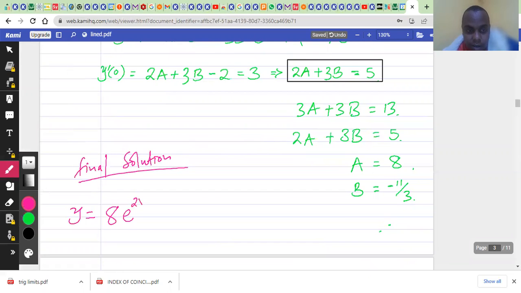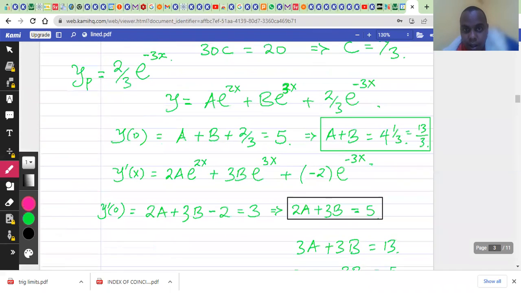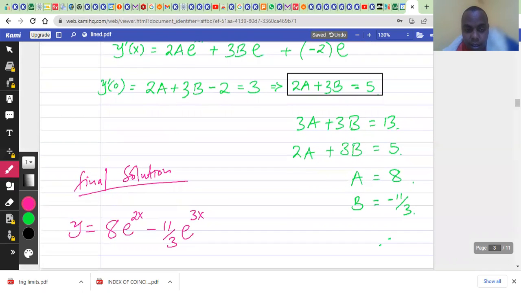So 8e to the power of 2x minus 11 thirds e to the power of 3x plus 2 thirds e to the power of negative 3x. That should be the final solution. Okay. Yeah. And it makes a lot of sense.